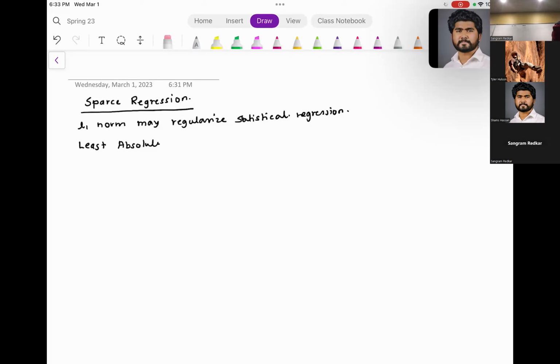This is also called penalized regression, that balances model complexity with descriptive capability.